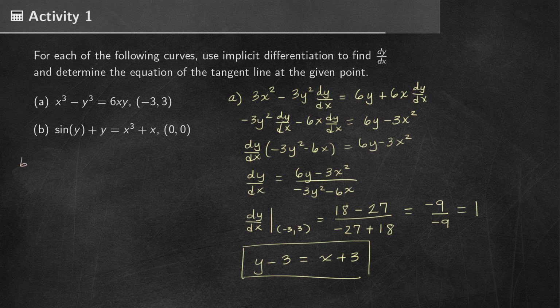Now part B, we want to find the derivative of our equation. The derivative of sine of y is cosine of y times dy/dx, plus the derivative of y is 1 times dy/dx, equals derivative of x cubed is 3x squared, plus derivative of x is 1.